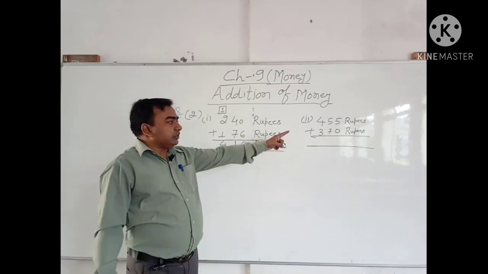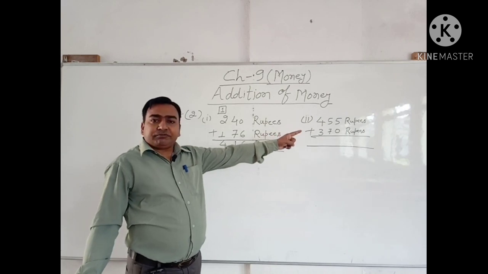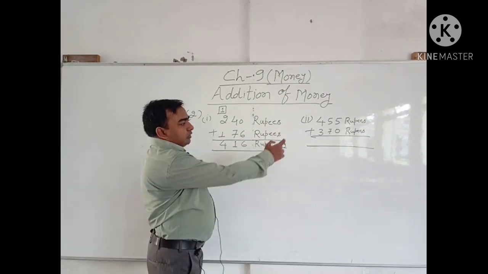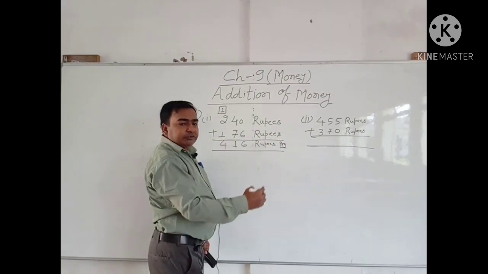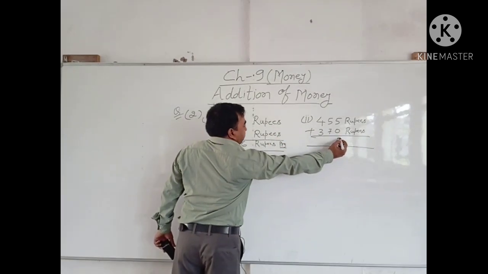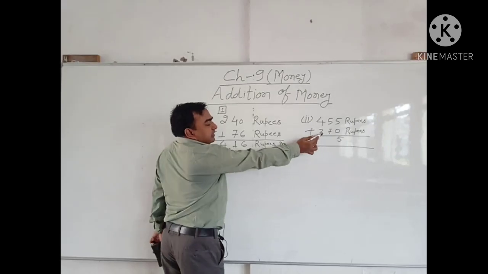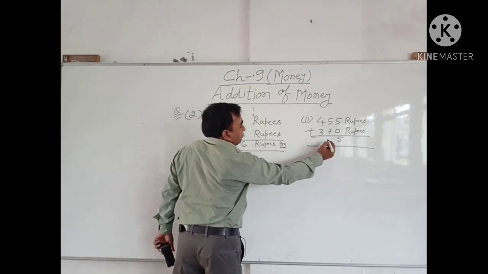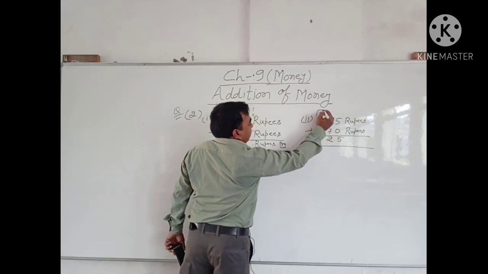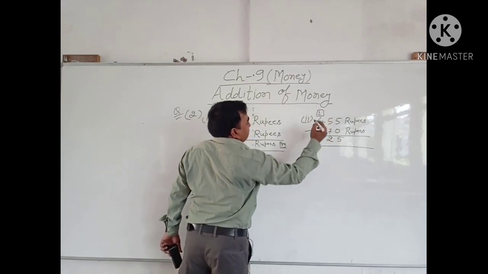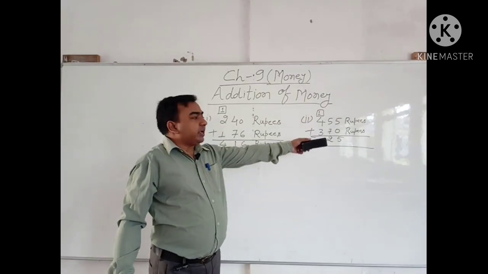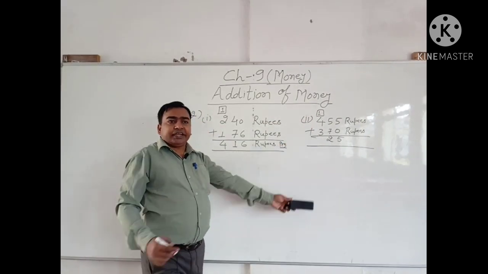Now come to the second question. Second question is 455 rupees and 370 rupees. Now add 5 plus 0 equal to what? 5. 5 plus 7 equal to what? 5 plus 7, 12. We will write only 2. Carry 1. 1 plus 4, 5. 5 plus 3, 8.